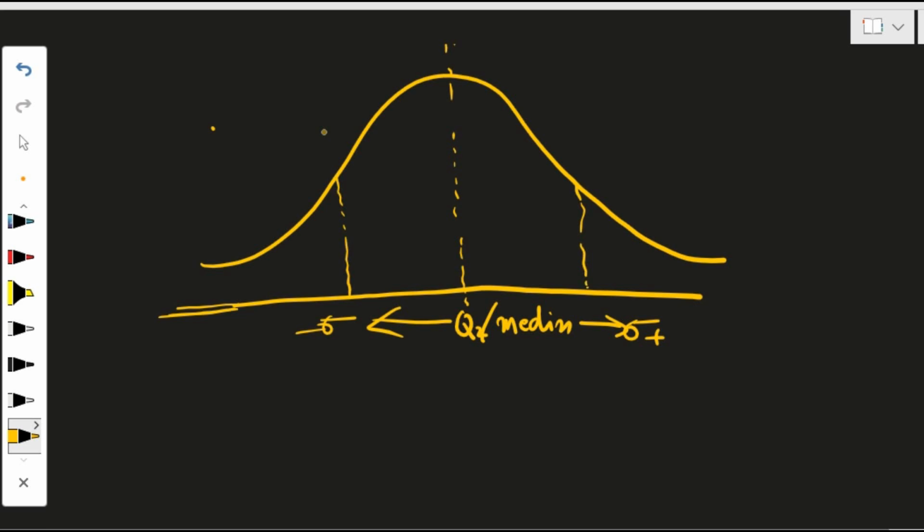Now it says that 68% of the data for a normally distributed data will be covered in the first standard deviation itself.